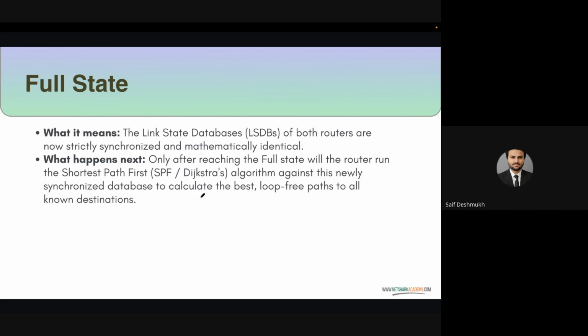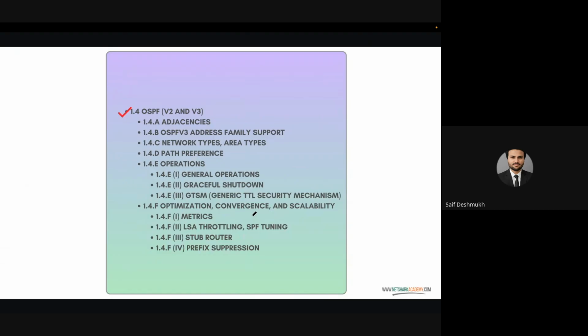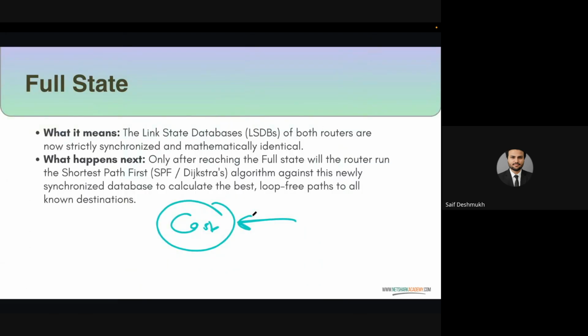Now the SPF algorithm is going to run to decide which path is best, and it does so based on the cost. Here, cost is not supposed to be the de facto standard metric. There is no metric specified in the original RFC. Cisco said we're still going to use cost anyway. So that's the adjacency.